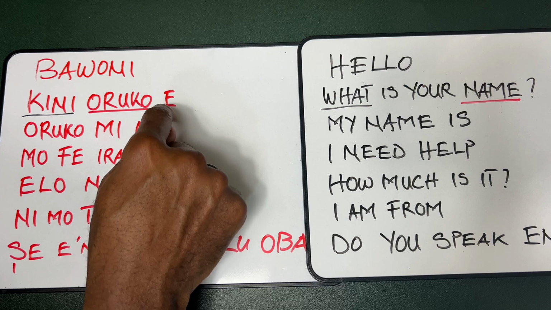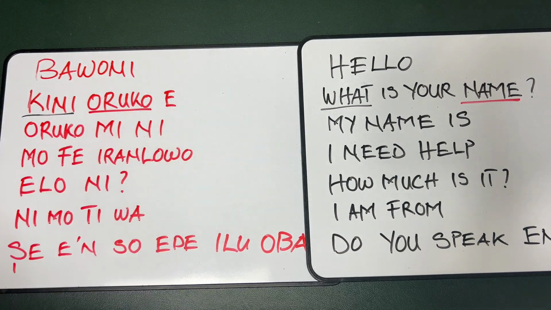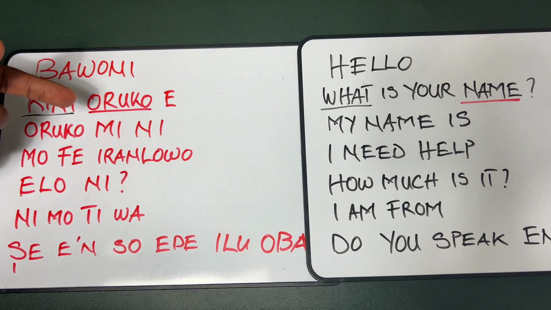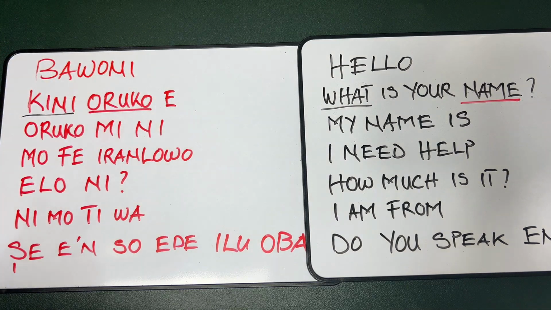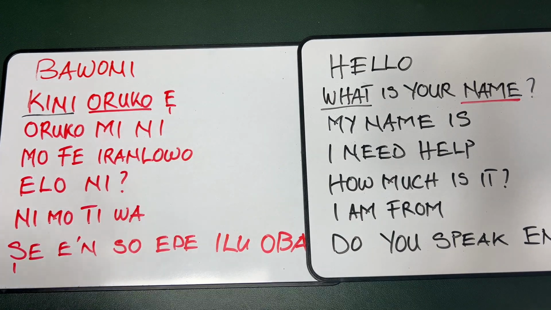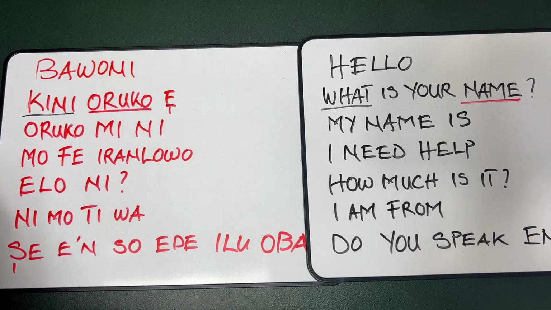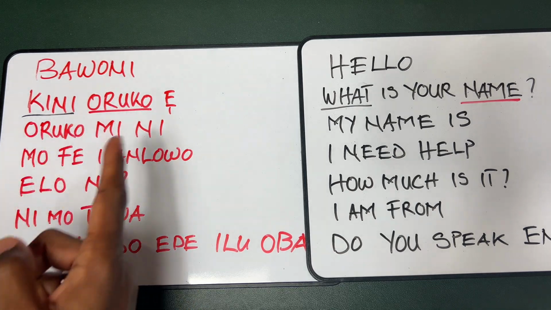So this ẹ here is the pronoun in that sentence. Kí ni meaning what, orúkọ being name, and then ẹ here means you, yours. So the ẹ here means yours. So what name is yours?